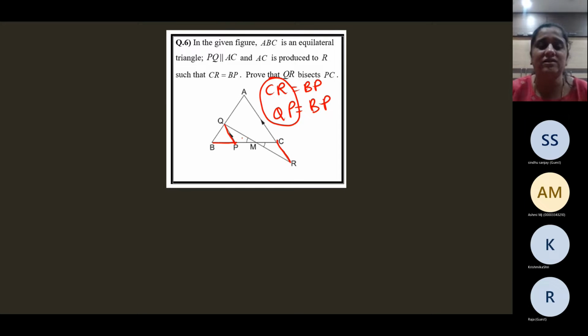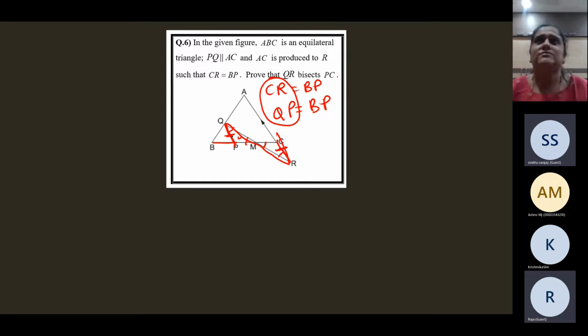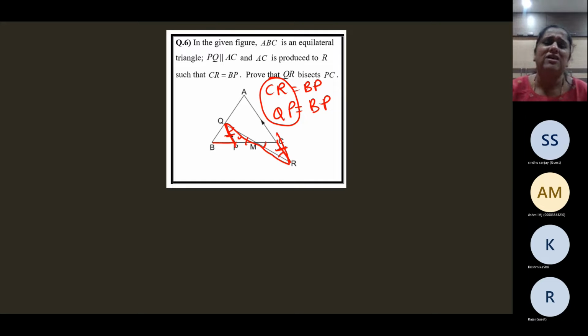Now when these two triangles, this triangle and this triangle, have vertically opposite angles equal, alternate interior angles equal, I already showed you that alternate interior angles are equal, and then QP is equal to CR. So what's the congruence rule, children? How do you have SAS here?